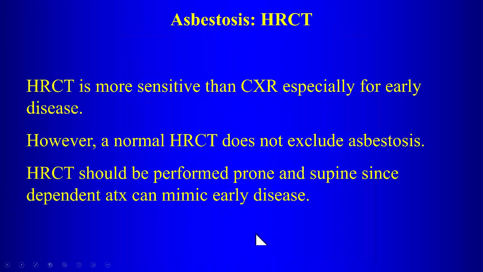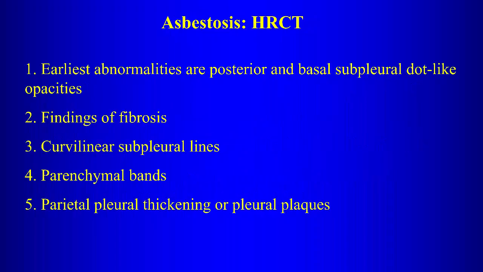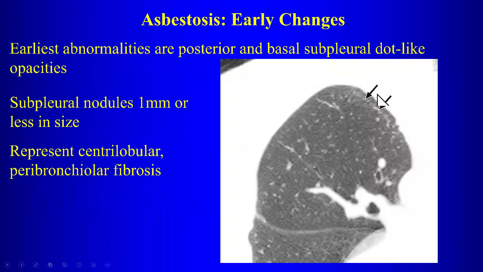So of course, high-res CT is something that we would be doing if we're looking for asbestosis, because the earliest changes tend to occur in the dependent regions of the lung, and we don't want to confuse that with dependent atelectasis. You might choose to scan the patient prone, okay, because that's where we see the earliest changes from asbestosis. So these are some of the findings that we would look for in a patient if we suspect asbestosis.